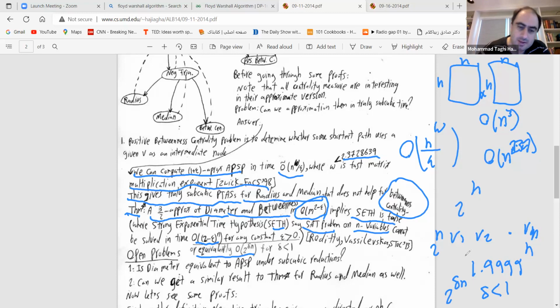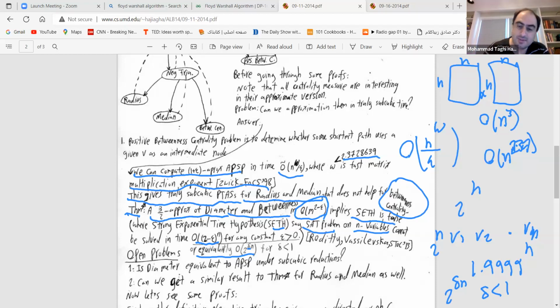These two are equivalent: 2 minus epsilon to the n, and 2 to the sigma n for some sigma less than 1. Good. So these two problems are somehow equivalent.